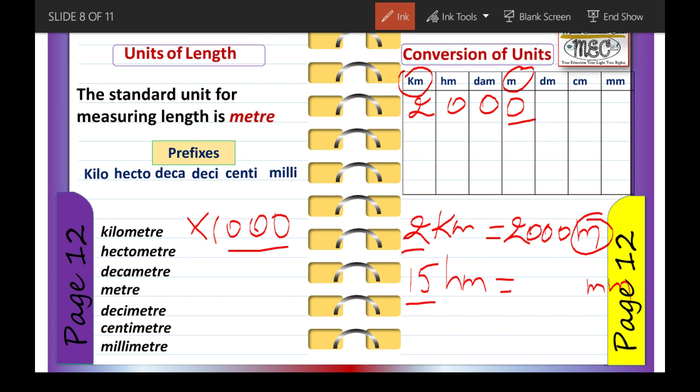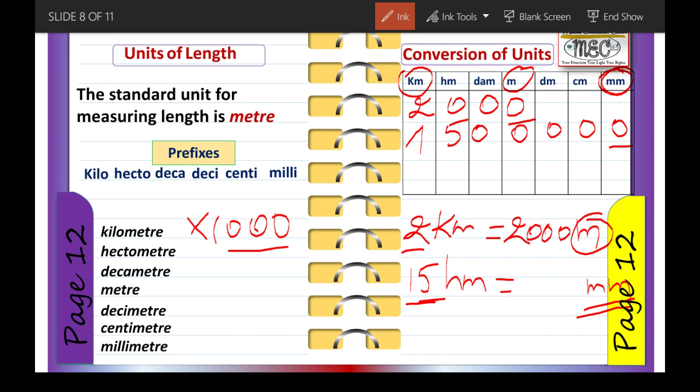You are also given 15 hectometers. The ones digit, which is 5, is put under the given units. And then you see that 1 must be put here because it is tens. And then we are converting it into millimeters. Millimeters is here. So we fill in zeros until we get to the asked units. Here we have added 5 zeros.